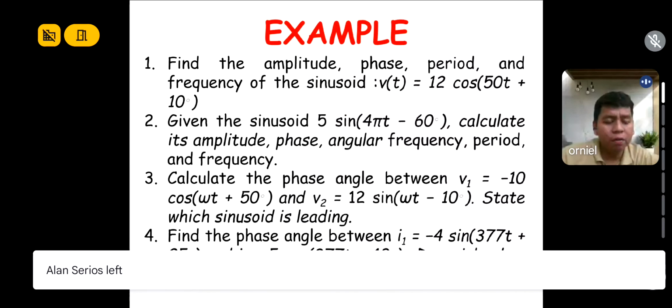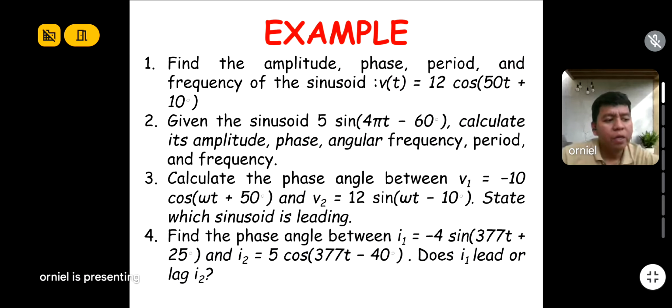If we have this kind of example, how do we solve this? Do you have any idea? Does someone want to volunteer?